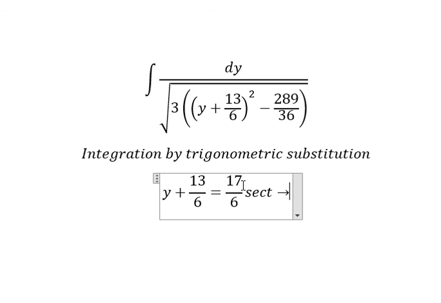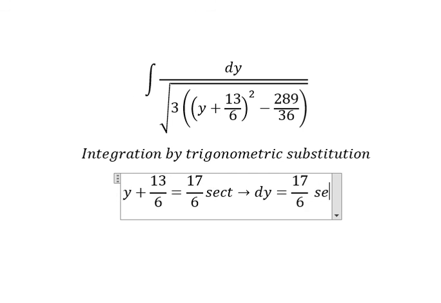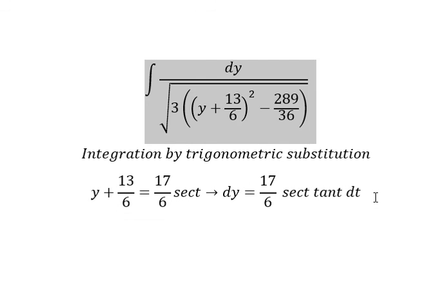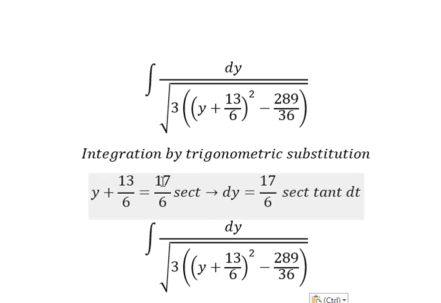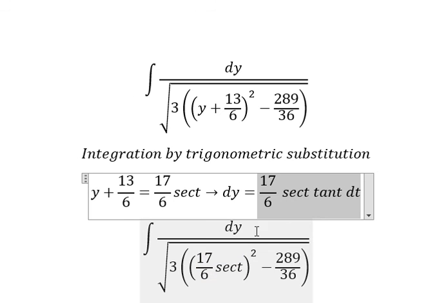So we first take the derivative of both sides. You get 17 over 6 secant of t tan t dt. So we put this one in here. Dy we change for this one.